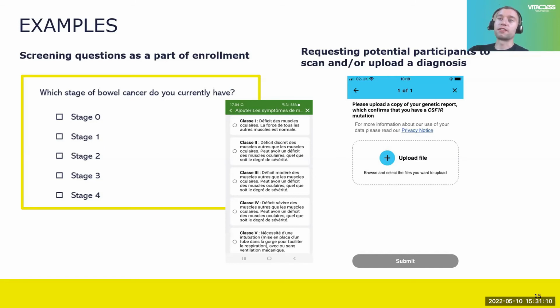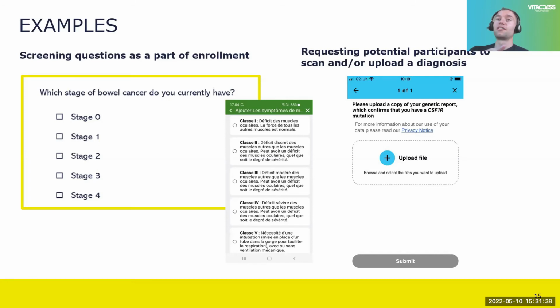essentially what we've implemented in a study recently is asking participants as part of registration to upload a copy of their genetic report. So this is, again, coming back to the strategies of why we're doing this, and it's linked to the screening questions as well, as participants are asked and aware as part of enrollment to the study that they will need to provide a copy of their genetic report in order to participate.